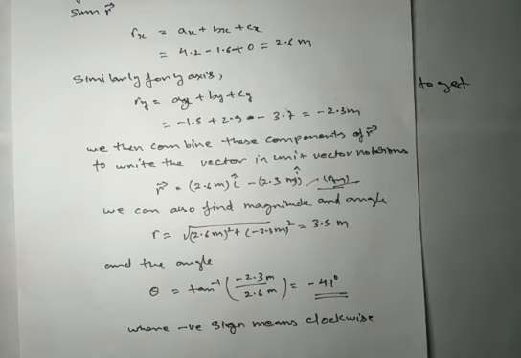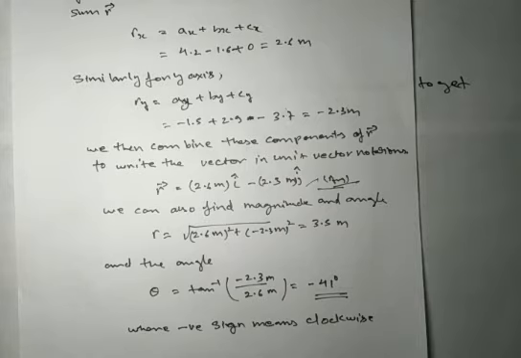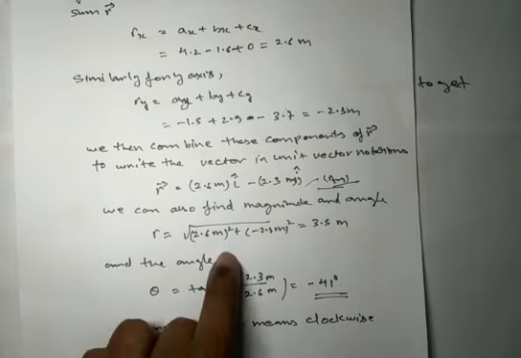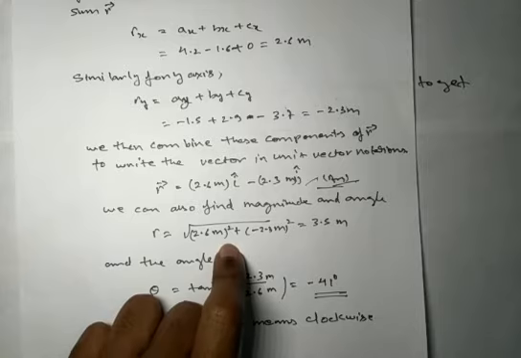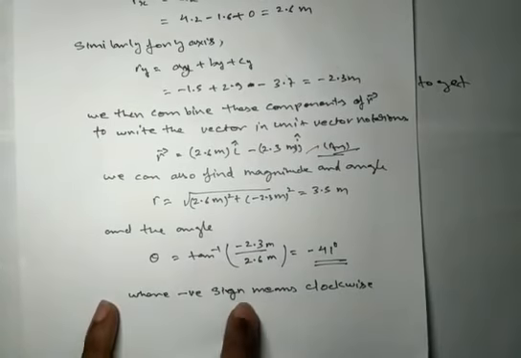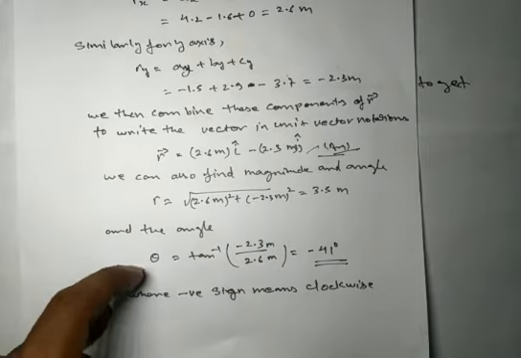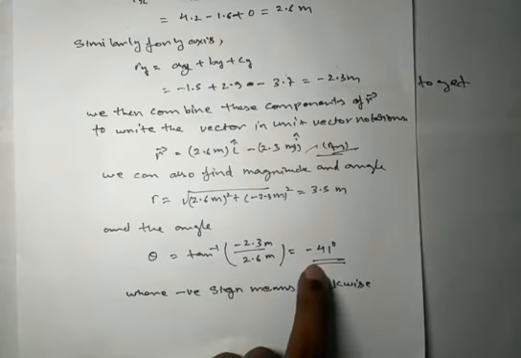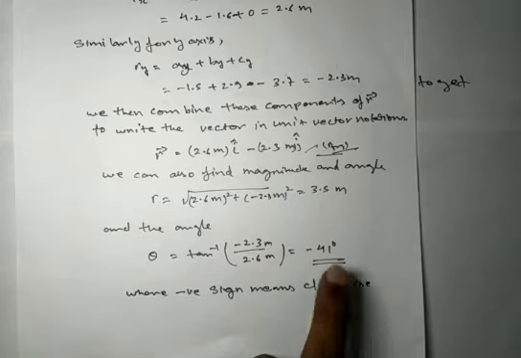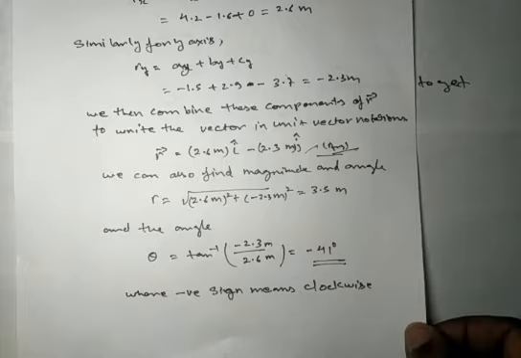To find the magnitude of vector r, we just need to take the square root of the sum of squares of the components of vector r. So we get 3.5 meter, and also by using theta equal to tan inverse y by x, we get minus 41 degrees, where the negative sign means clockwise direction.